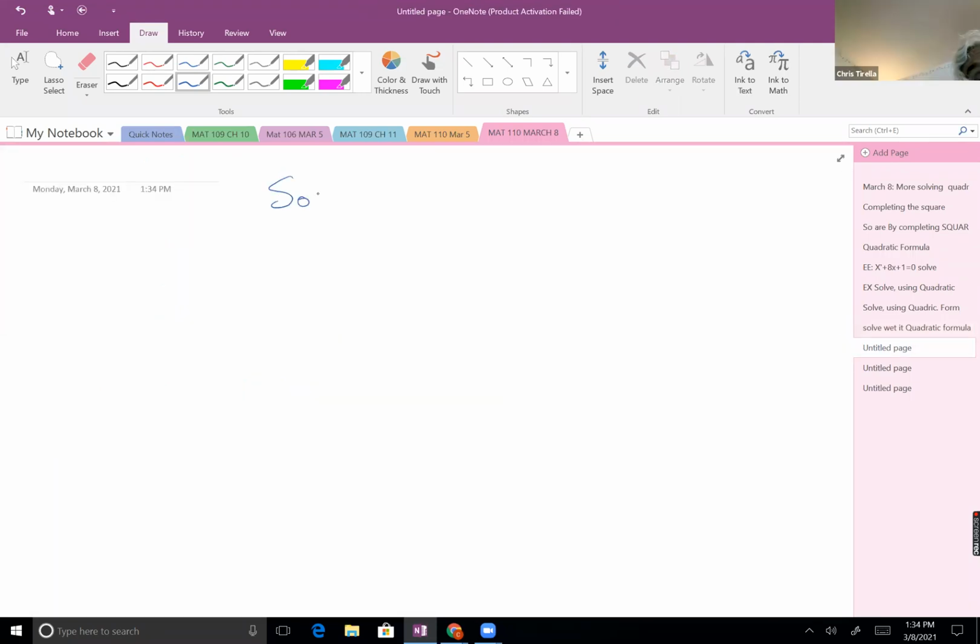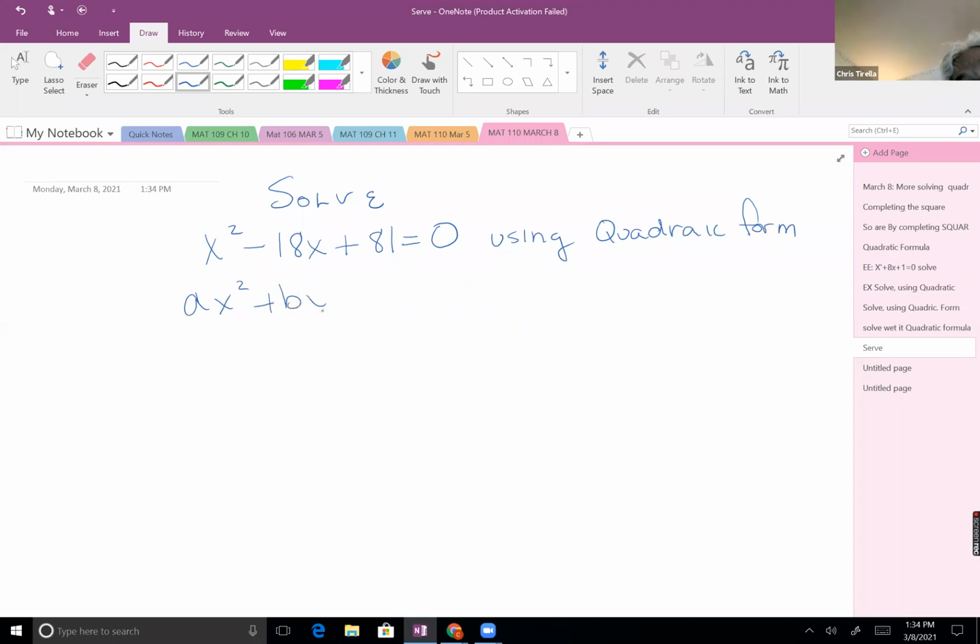Let's solve x squared minus 18x plus 81 equals 0 using the quadratic formula. And so we're already in standard form, ax squared plus bx plus c equals 0. A is 1. B is negative 18.